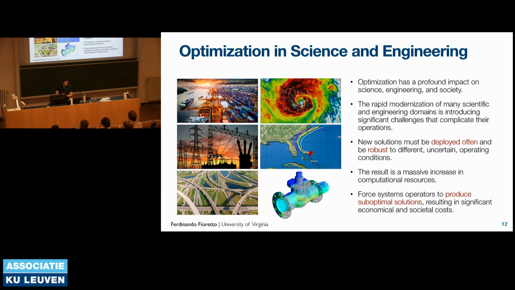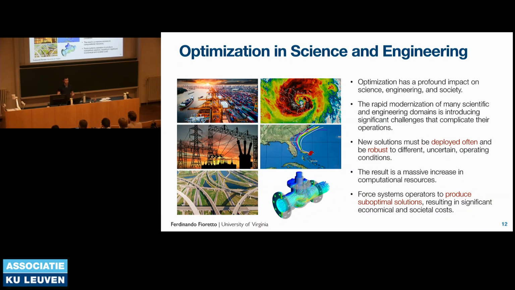And so to reply to those challenges, what system operators of these systems are doing is not really solving those complex optimization problems exactly, but they are solving some relaxation or some approximations of those problems. And in turn, those approximations bring some deficit in cost, right?